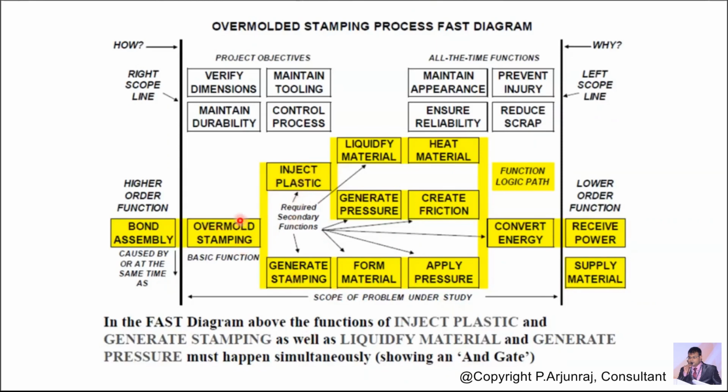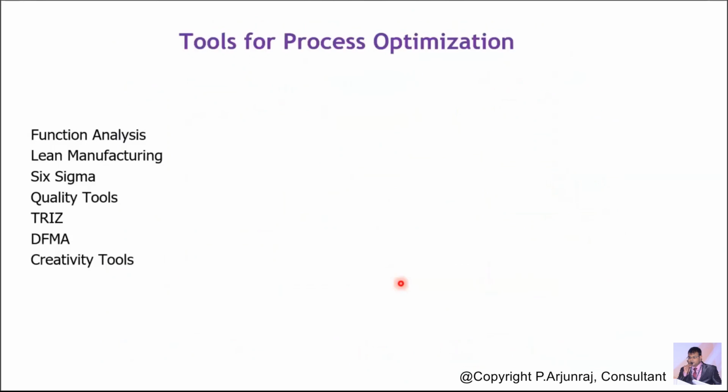But here, overmolding stamping is going to happen by both injecting the plastic and also by generating stamping. And these are all the tools that you can use for your process optimization. As I said, this function is the heart of value engineering, and you can use this tool for the optimization of your process. And 3M, as you are already doing lean manufacturing.